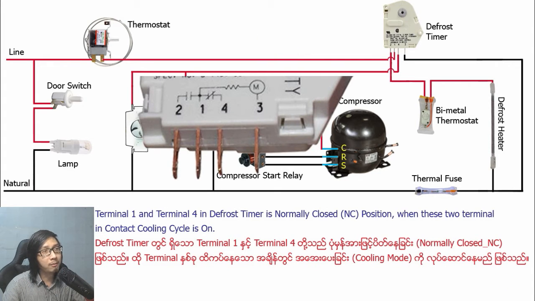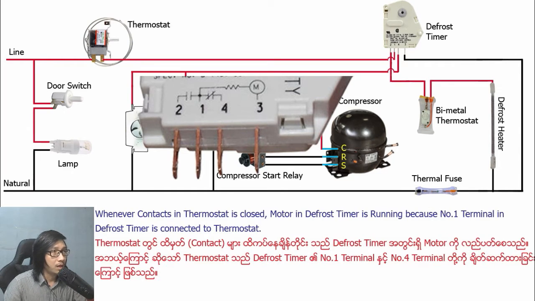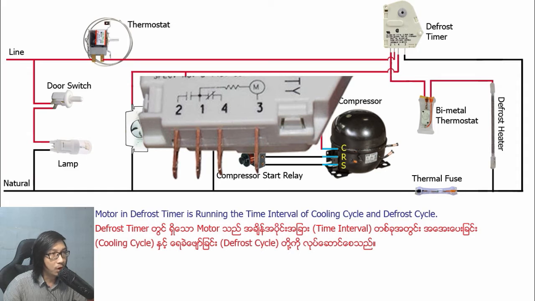Terminal 1 and terminal 4 in the defrost timer are in the normally closed NC position. When these two terminals are in contact, the cooling cycle is on. Whenever the contact in the thermostat is closed, the motor in the defrost timer is running because number 1 terminal in the defrost timer is connected to the thermostat. The motor in the defrost timer runs the time interval of the cooling cycle and defrost cycle.